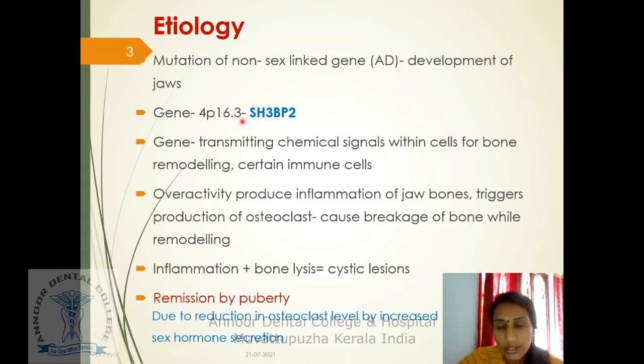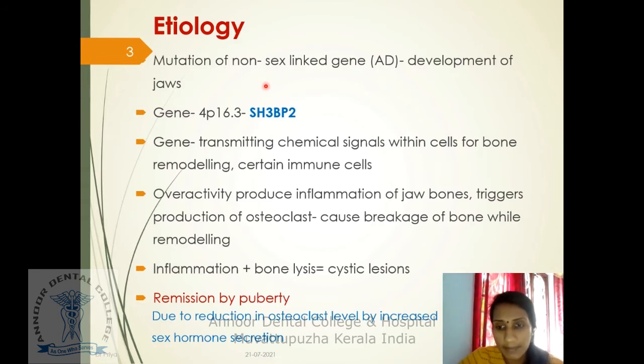Now this gene transmits chemical signals within the cells for bone remodeling in certain immune cells. So the gene codes for signals for bone remodeling as well as for immune cells.